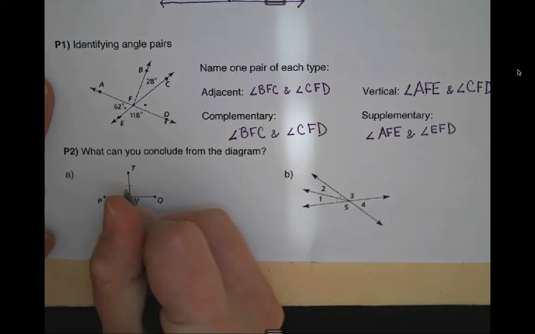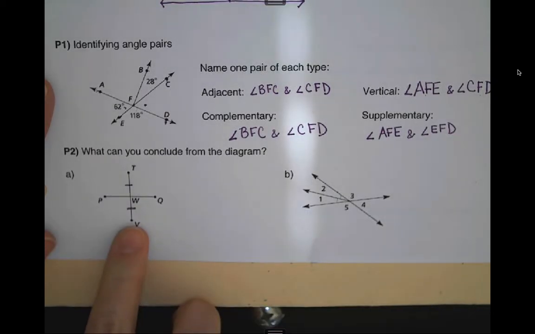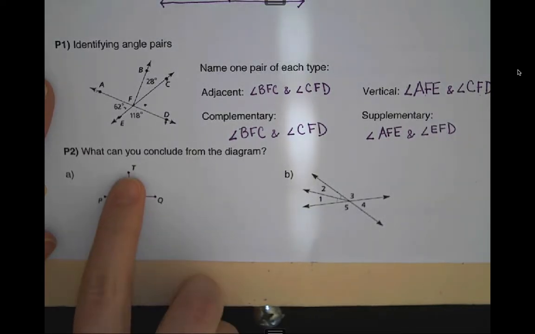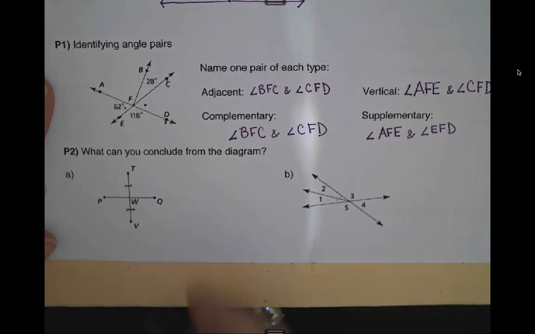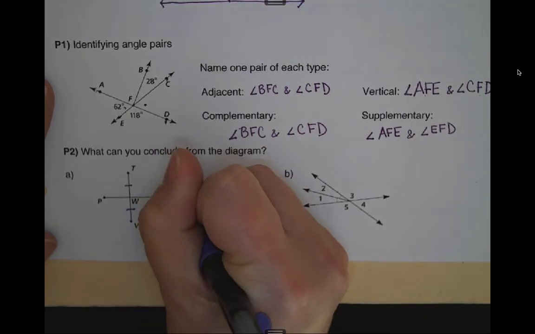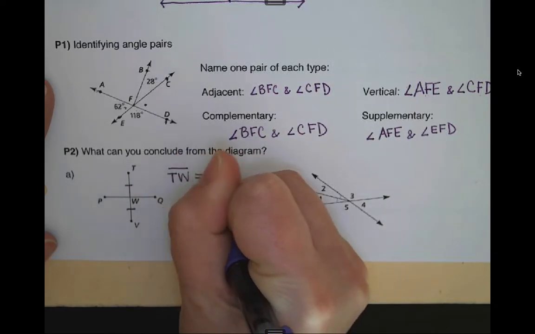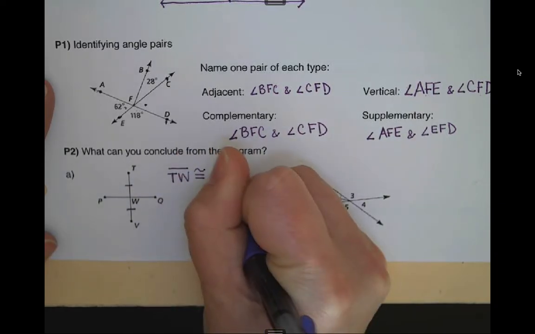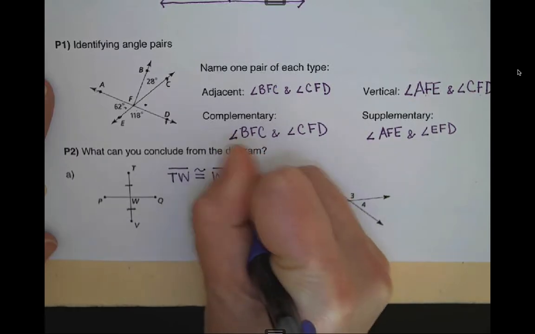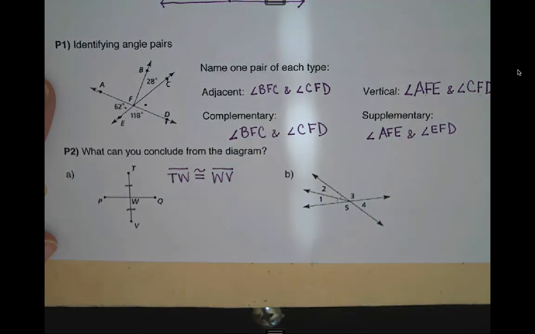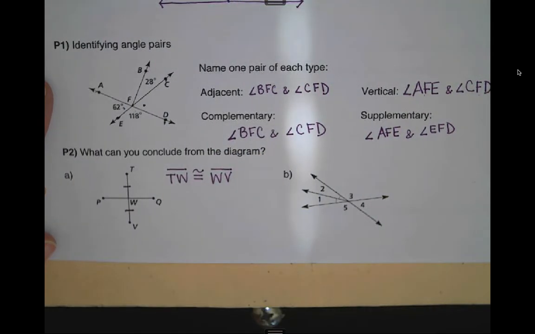So for example, here we have these slashes across two of our line segments. These are markings of congruent line segments, so we can conclude that segment TW is congruent to segment WV. So there is our conclusion for letter A.